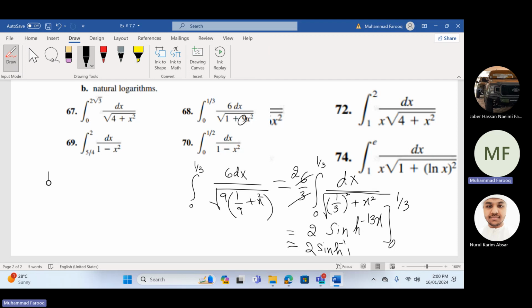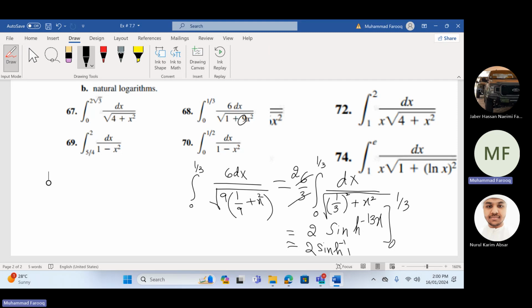For example, in the last question we used the substitution. My problem is I don't know when I have to take a common factor or use substitution. Actually, you can use substitution everywhere, no problem. You can use substitution in each and every integration question, there is no harm. Sometimes it saves time.